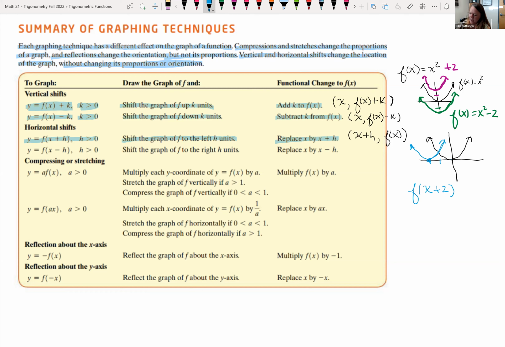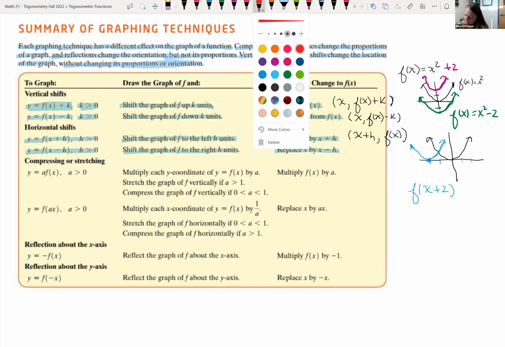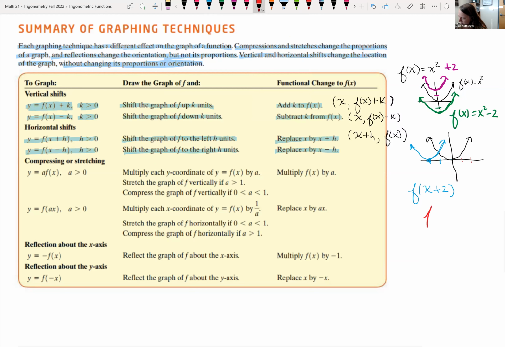Whereas if we subtracted a constant h, that shifts it to the right h units. So if we had f of x minus 2, that would shift it over 2 units to the right.